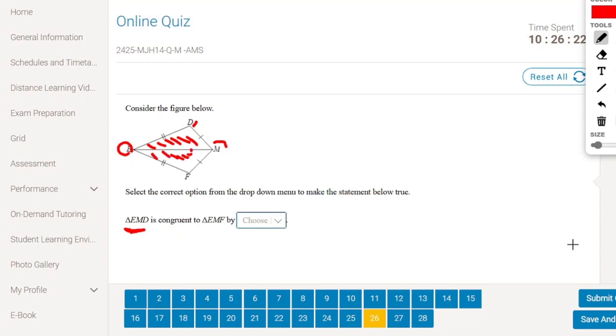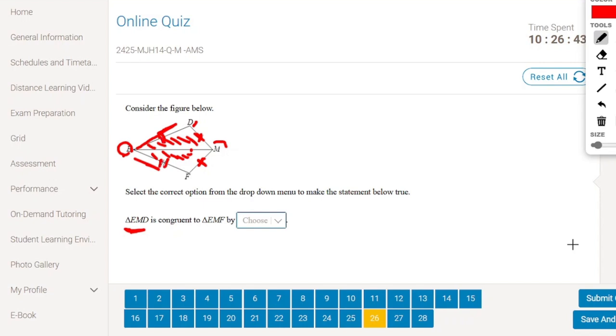How are they congruent? I have MD equal to MF, and DE equal to EF. They are equal here.